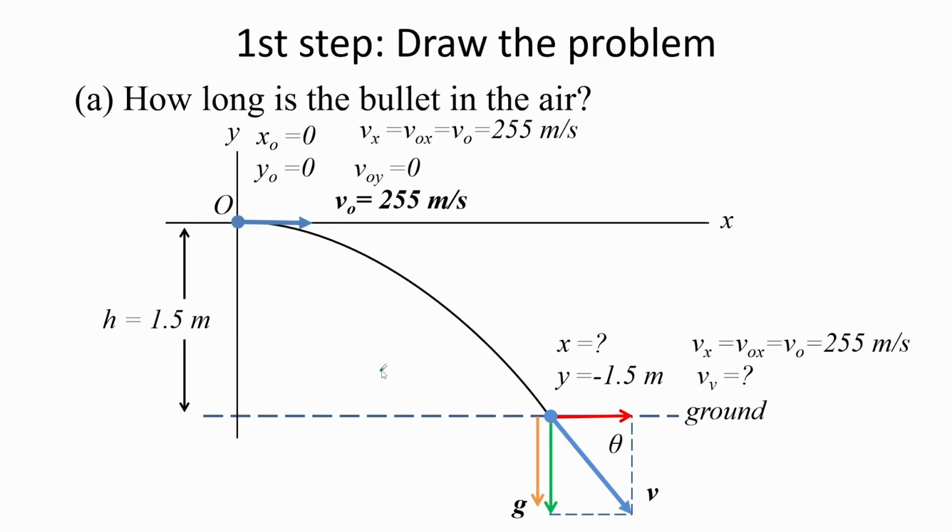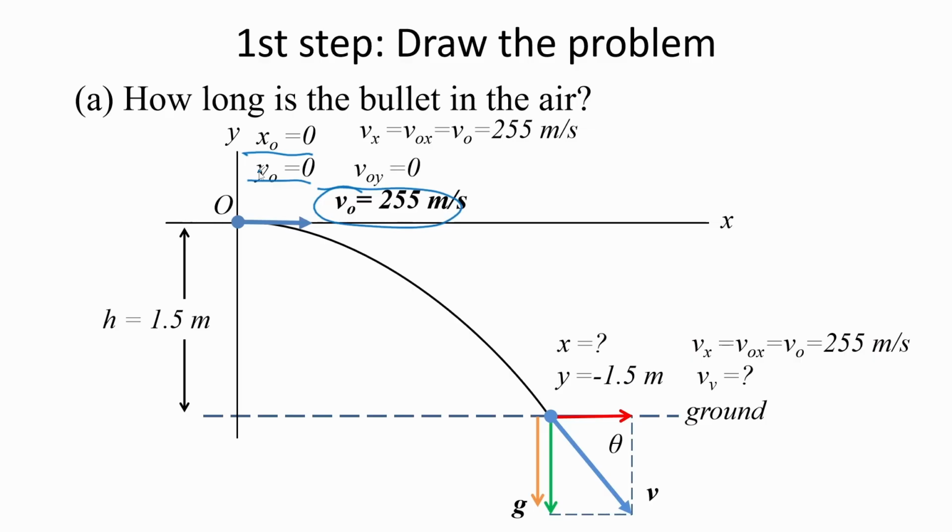So, it's flat, it's launched horizontally with an initial velocity of 255 meters per second. So, we can analyze what the physical parameters are there. We will set the point of release as the origin. So, at the origin, x naught and y naught are equal to 0. So, given that it's at the origin, 0, 0.